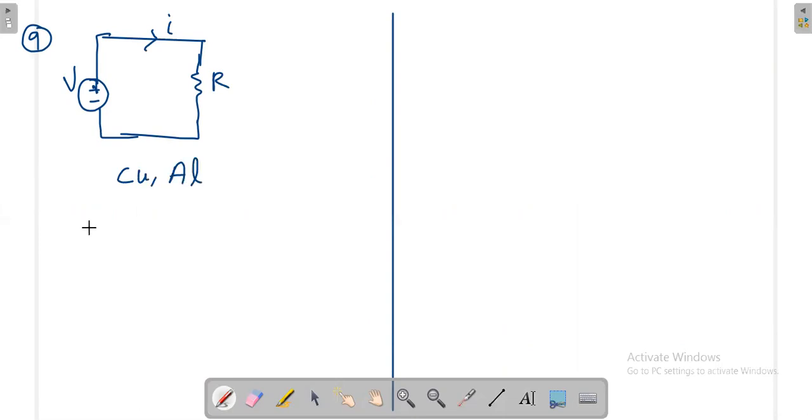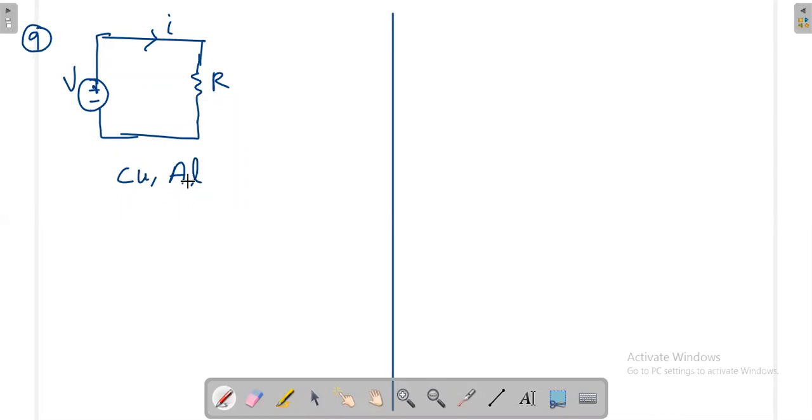Generally silver is a good conductor, but we will not use silver because it is costly. That's why mostly we use copper, the next good conductor. Sometimes we use aluminum also, because of other problems like corrosion. Depending on whether we use an open conductor or shielding, you may choose either copper or aluminum.